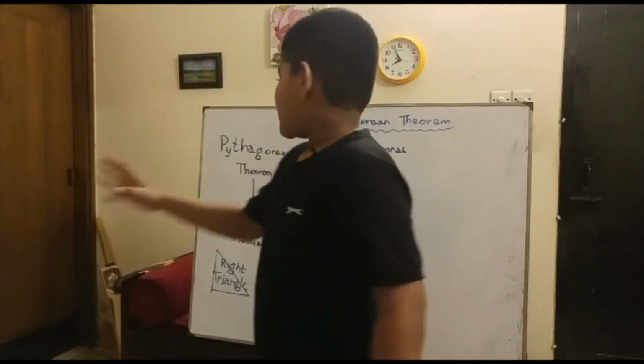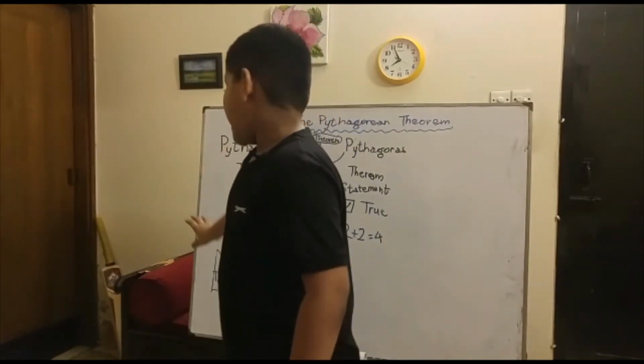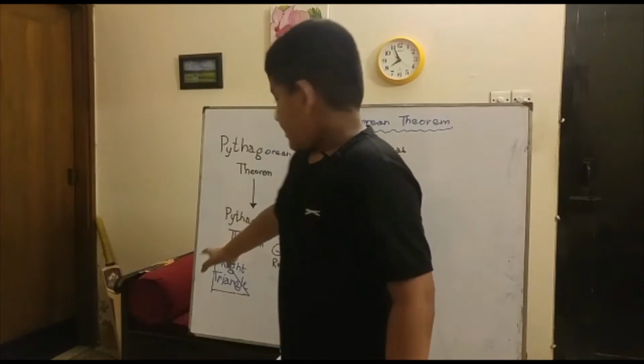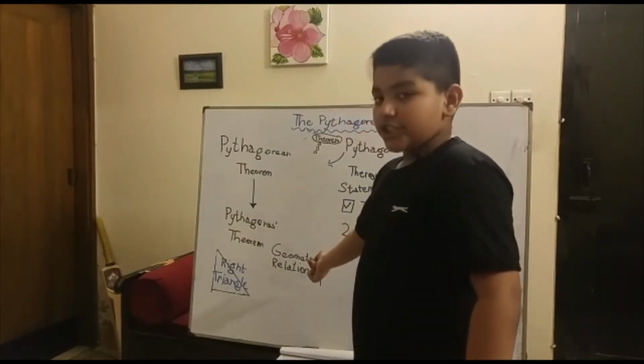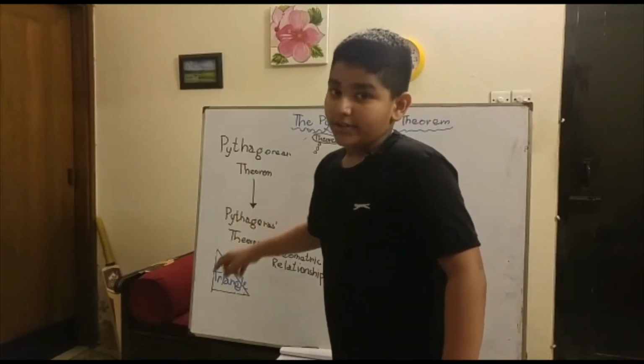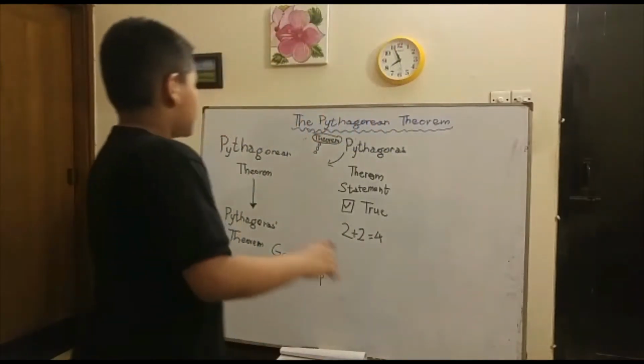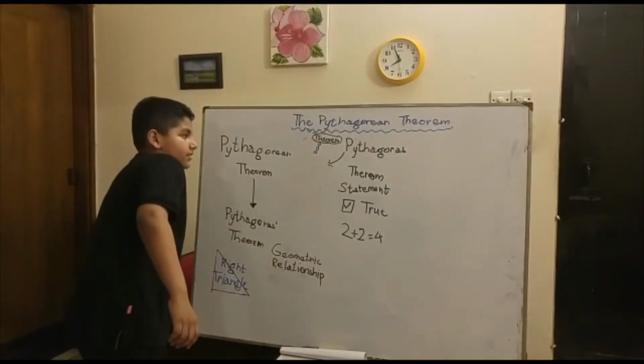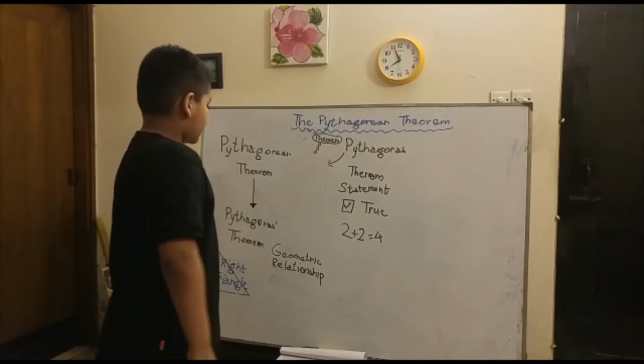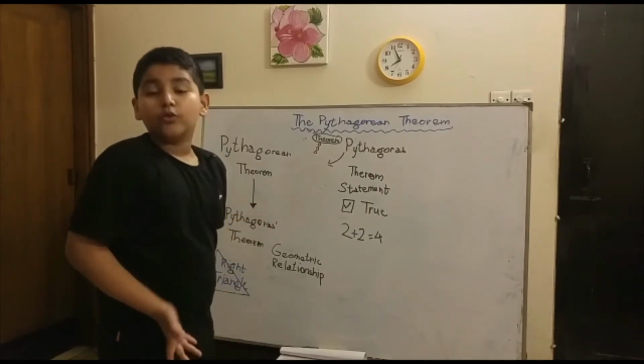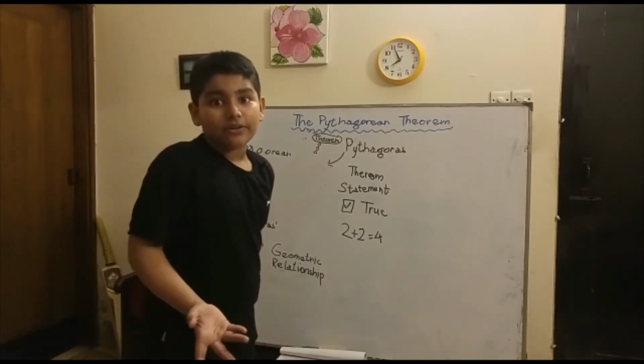Okay, so the Pythagorean Theorem, also known as Pythagoras' Theorem, is a geometric relationship of right triangles. First of all, you would think, what is a theorem? And who in the world is Pythagoras?